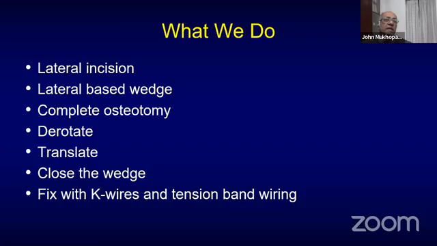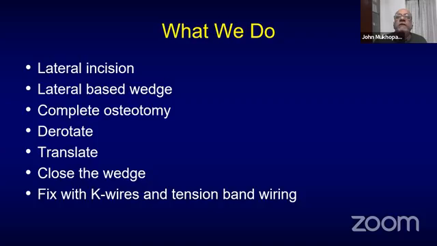But what we do is we actually do a complete osteotomy. We derotate the distal fragment. We also translate it medially and close the wedge. So it's like a combination of the rotary correction as well as translation so that the lateral prominence is not very much.